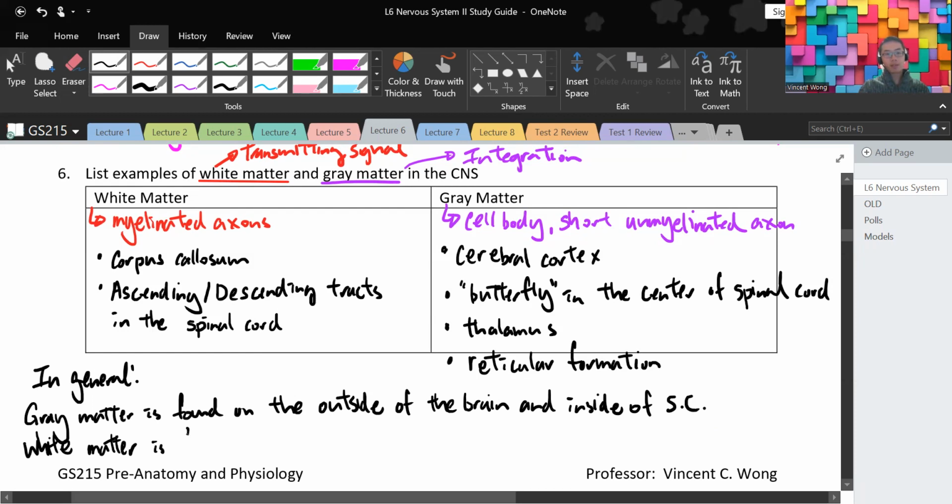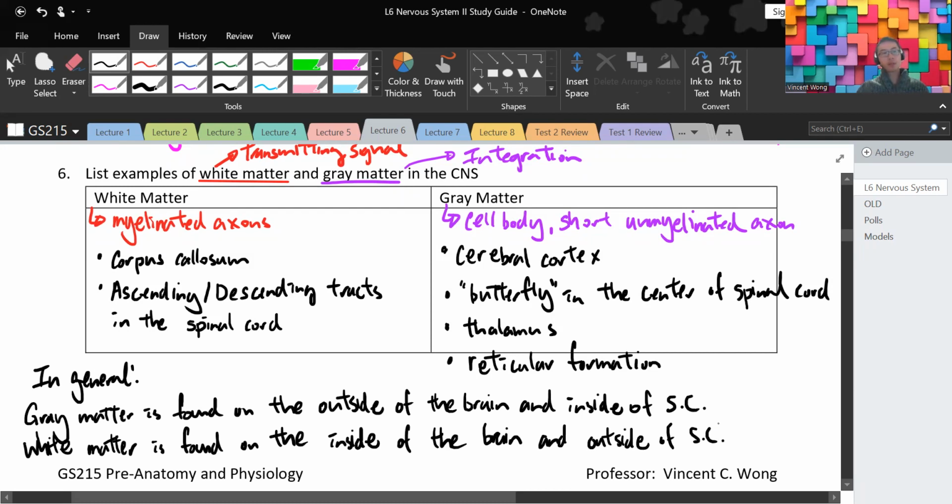White matter is found on the inside of the brain and outside of the spinal cord.